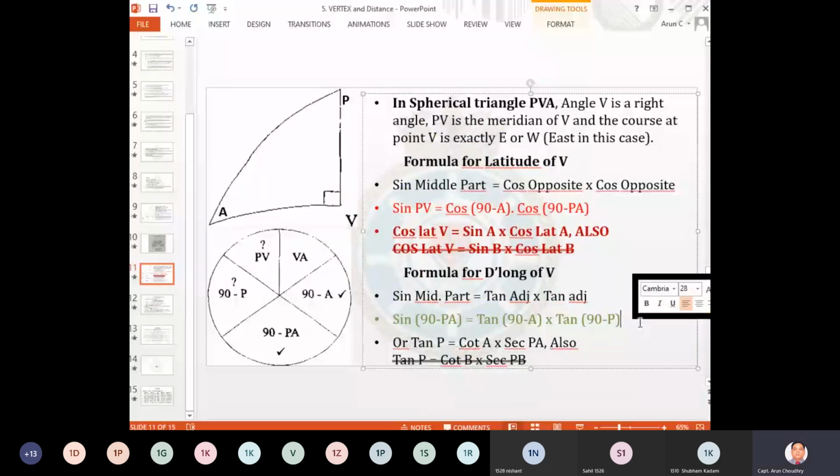For making these Napier diagrams, we can use either PAV or PBV. Any one we can use, and then we can calculate. So for the time being, you can just disregard this, calculate the angle P, and apply it to the position of A to get the longitude.